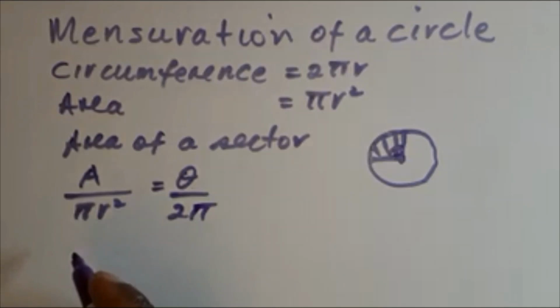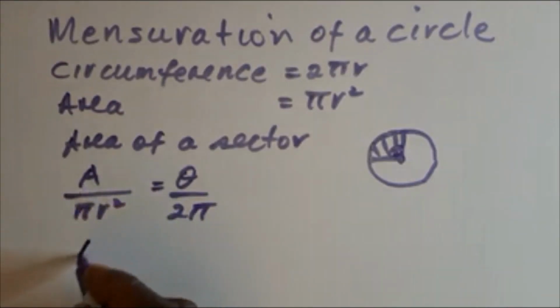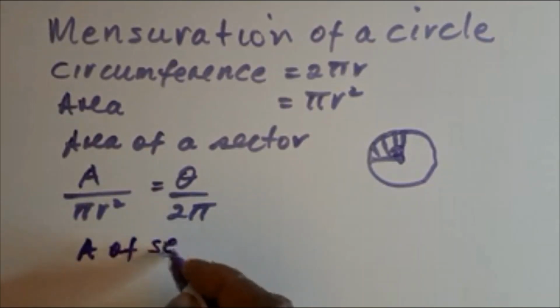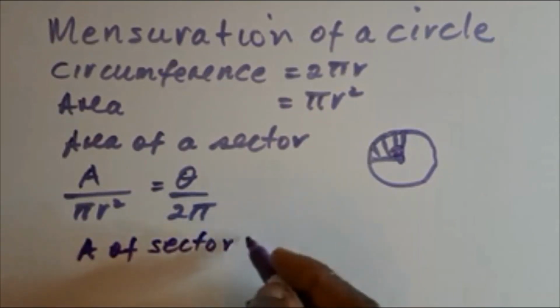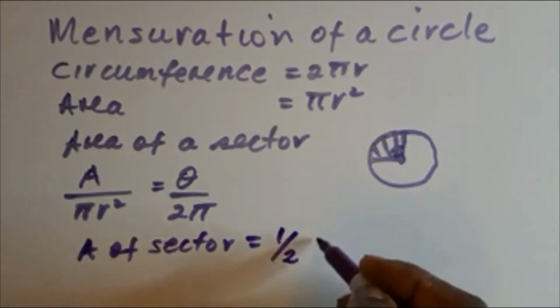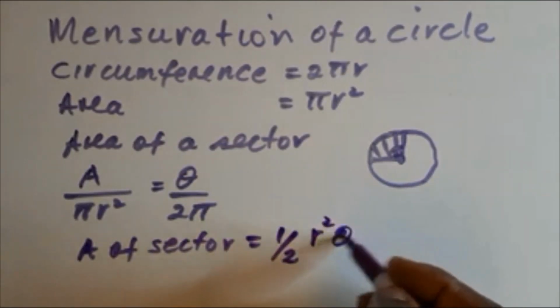And now if we want to find the area of the sector, we transpose this. The area of the sector is now equal to a half r squared theta.